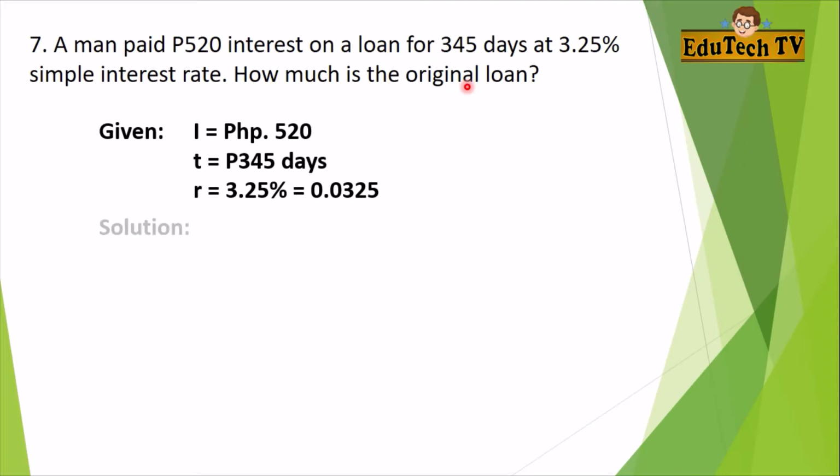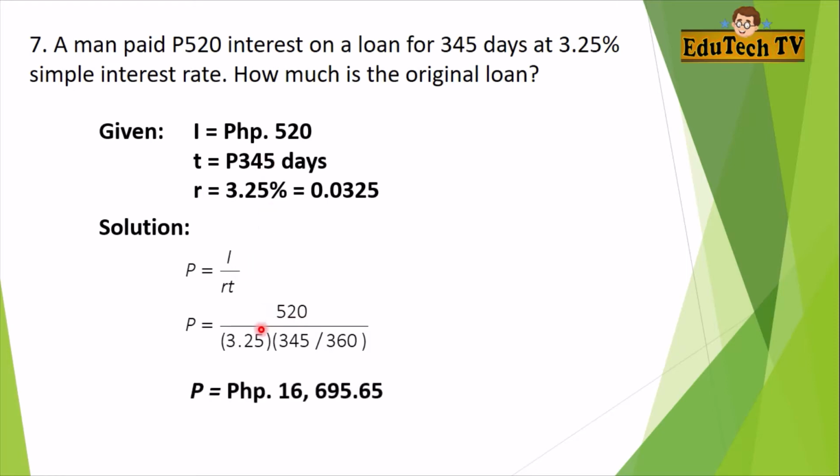Now for the original loan, of course, we have the formula P equals I over RT. So 520, and since our time here is expressed in days, just divide it by 360, so that it is still in years. If you calculate this, we'll come up with 16,695.65 pesos. So this was the original amount that the man borrowed.